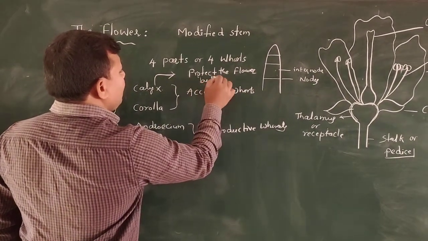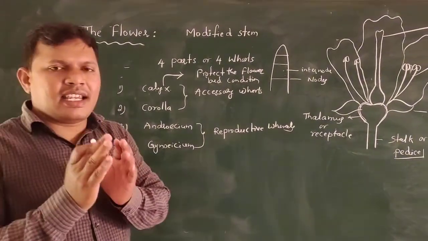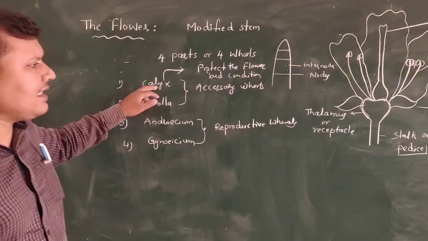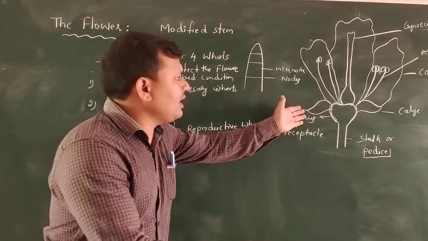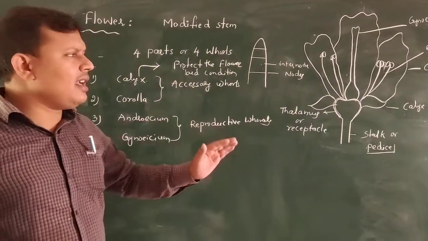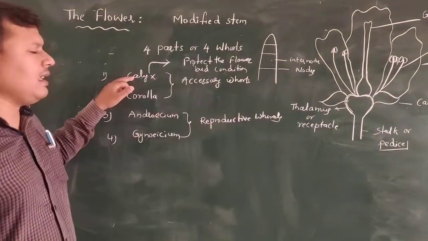When the flower is in bud stage, the calyx completely encloses the flower, and by that the flower is protected.